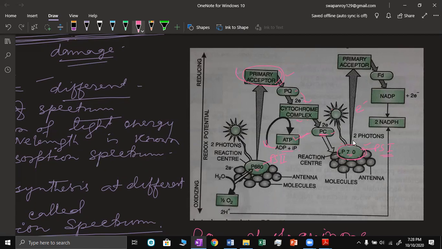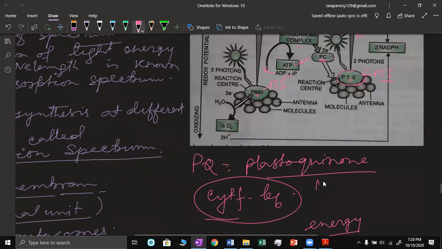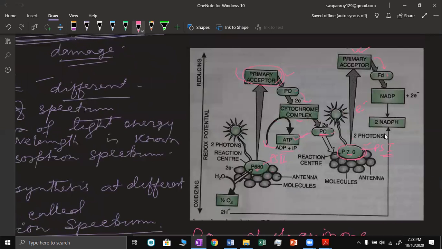Then here also this ejected electron is accepted by some primary acceptor, and from there it is transported to FD. FD is ferredoxin. Okay. So from the ferredoxin it moves to NADP.